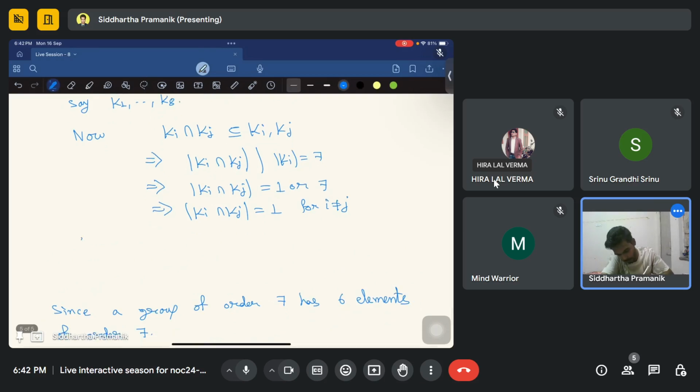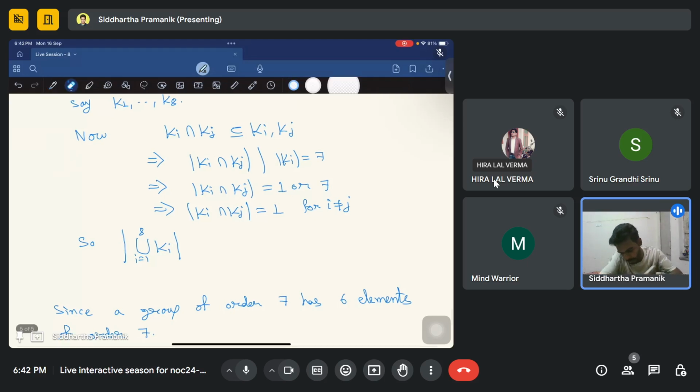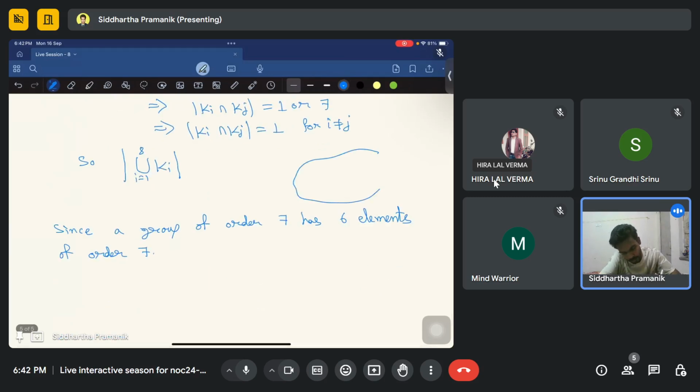So what is the cardinality of the union of Ki for i equals 1 to 8? Their intersections are always trivial. Suppose this is your K1, this is your K2, this is your K3, and so on. But here in the intersection, you have only one element.